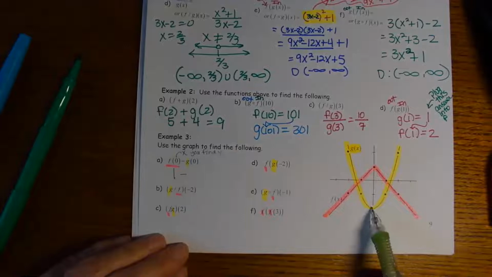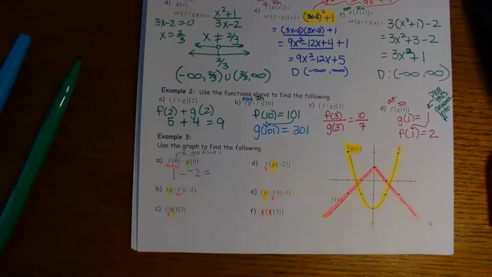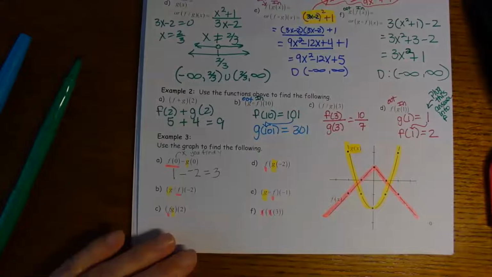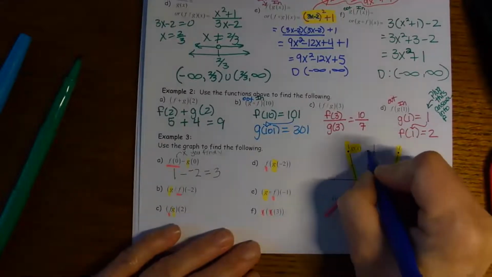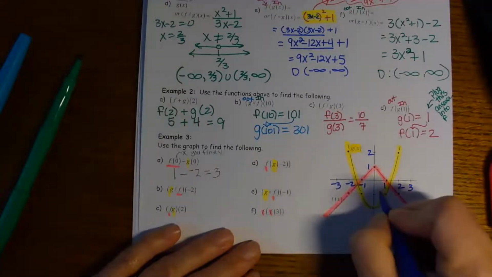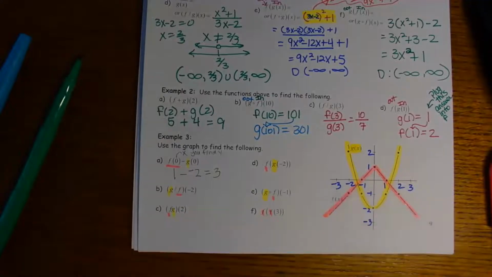Where's the yellow graph when x is 0? -2. And what is 1 minus -2? 3. And if you want, you can label these 1, 2, 3, 1, 2. I'm lazy. I don't want to keep counting, right? So I could do that. All right.